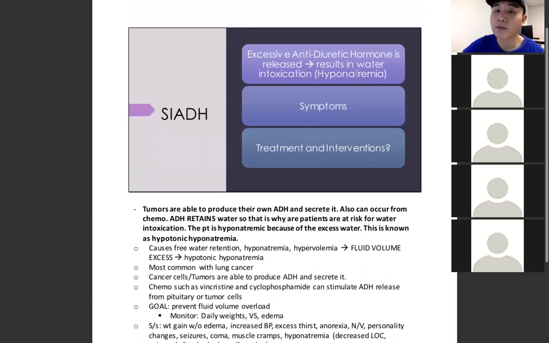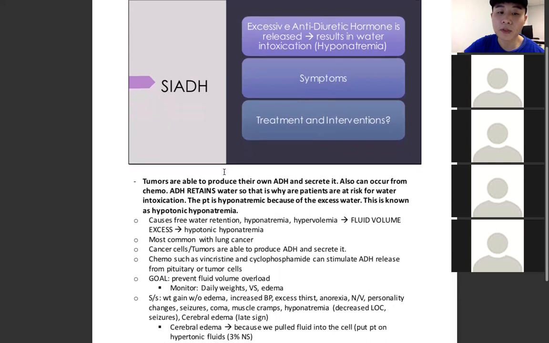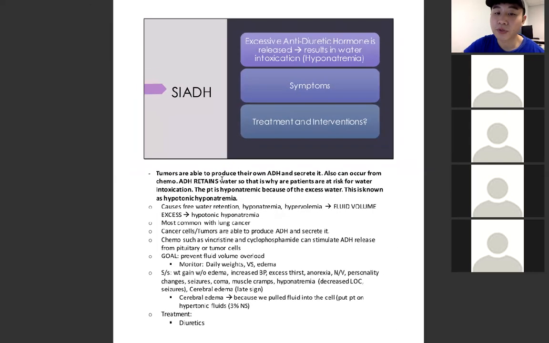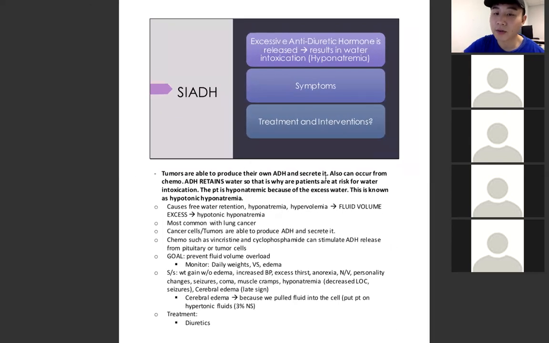It results in water intoxication and hyponatremia. Tumors are able to produce their own ADH and secrete it. It can also occur from chemo. ADH retains water, so that is why our patients are at risk for water intoxication, meaning they are retaining too much water.